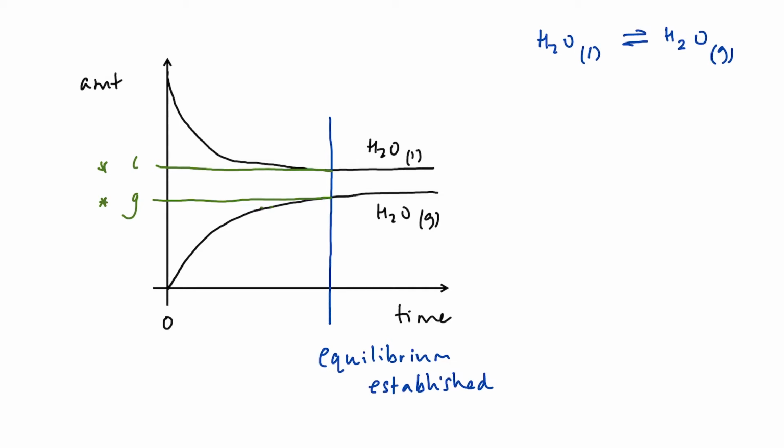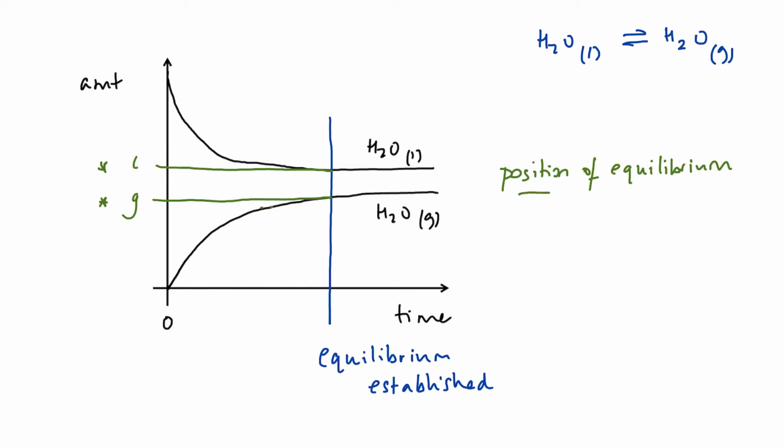They're going to depend on how wet the sock was to begin with, the temperature, the pressure inside our plastic bag. And we can use the term position of equilibrium to describe this particular set of concentrations of reactants or products, in this case not so much concentration but amounts of liquid and gaseous water in our system.